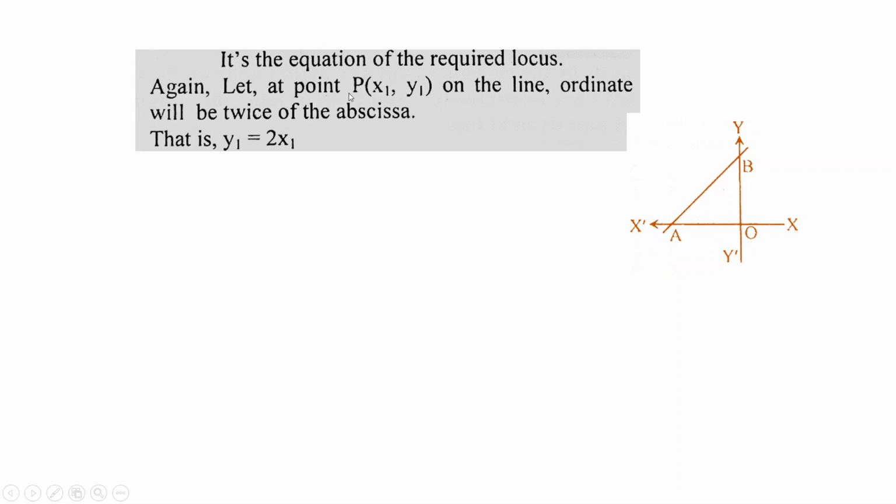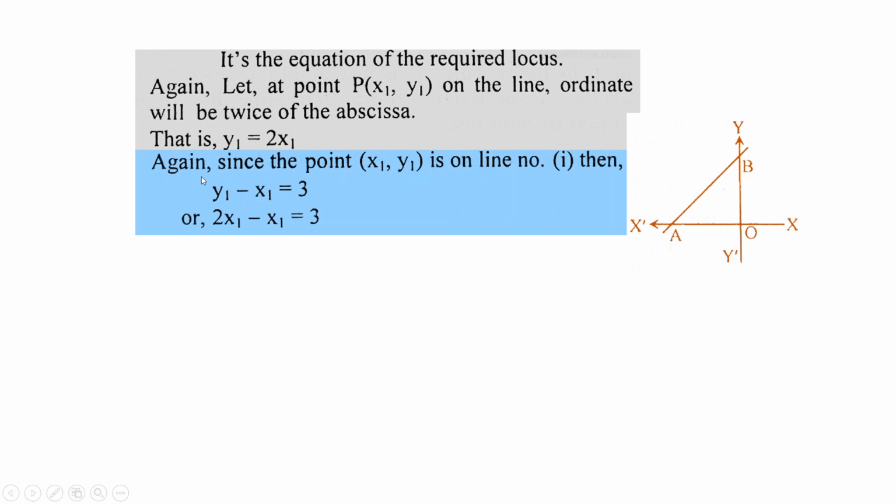Again, at the point P(x1, y1) on the line, the ordinate will be twice the abscissa, that is y1 equal to twice x1. Since the point (x1, y1) is on line 1, y1 minus x1 equal to 3.